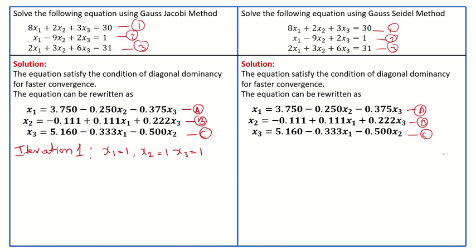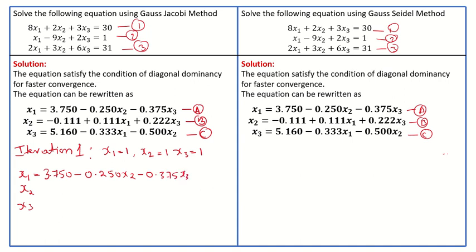Now we are going to find out the values of x1, x2 and x3. While we are finding the value of x1, in the place of x2 and x3 you are going to substitute these values. So x1 equal to 3.750 minus 0.250 x2 minus 0.375 x3.